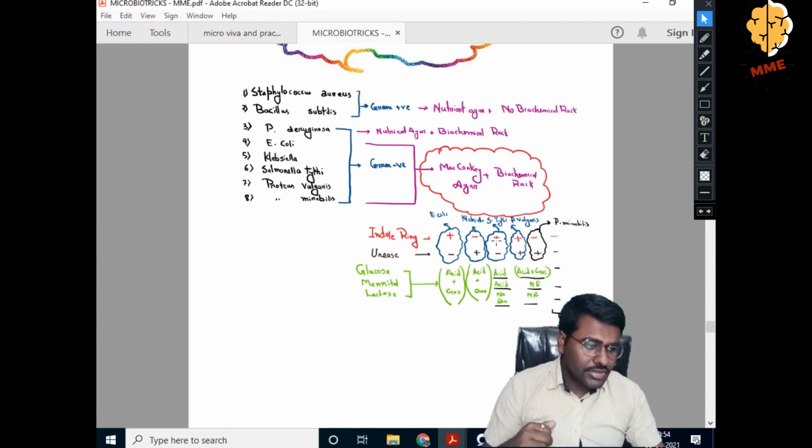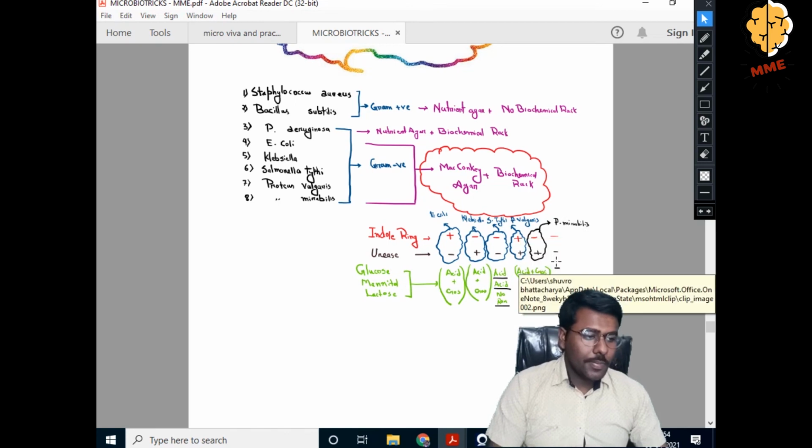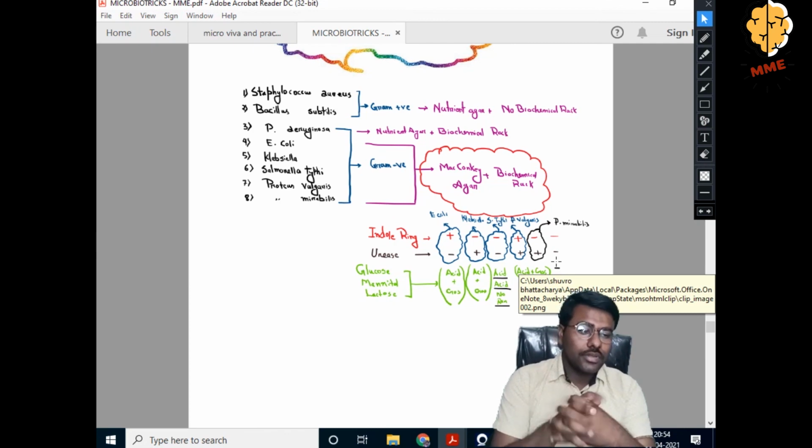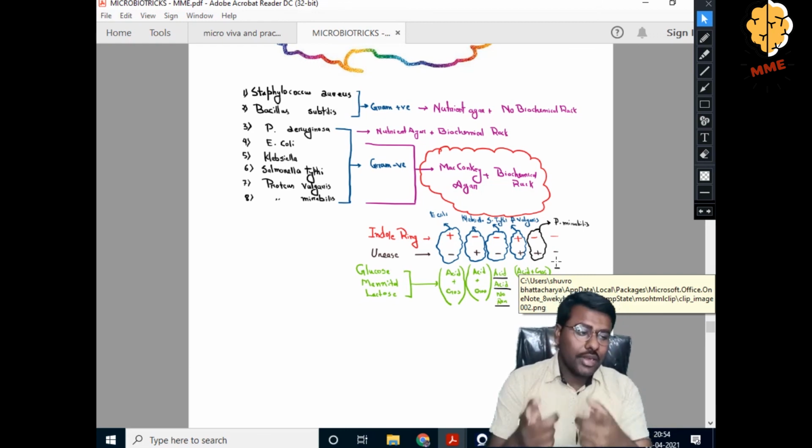Then you have to notice whether acid and gas are formed in glucose, mannitol and lactose, then this is Klebsiella, and if there is no reaction in mannitol and lactose, then it is Proteus mirabilis. Okay, again I am saying: both negative, Salmonella typhi; both positive, Proteus vulgaris; only indole positive, E. coli; only urease positive and acid and gas produced in all three, Klebsiella.